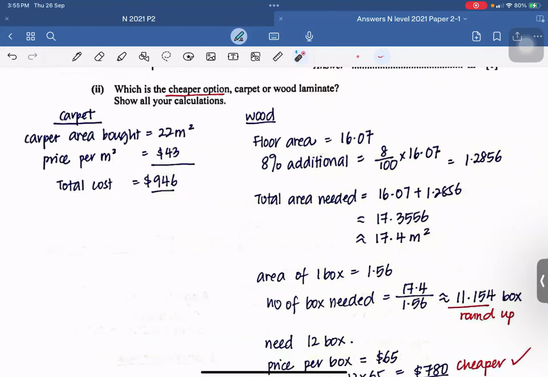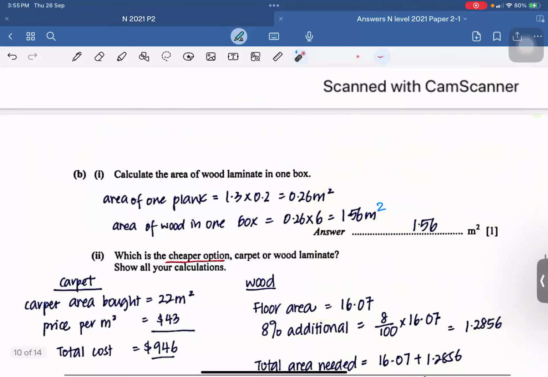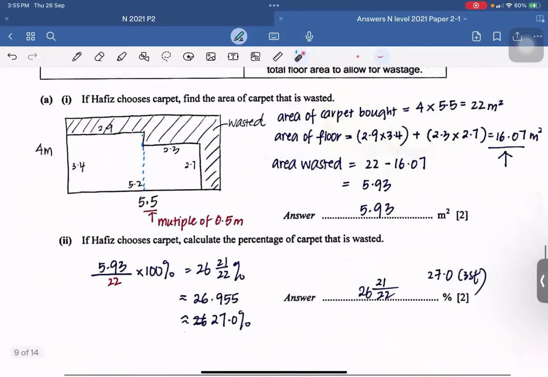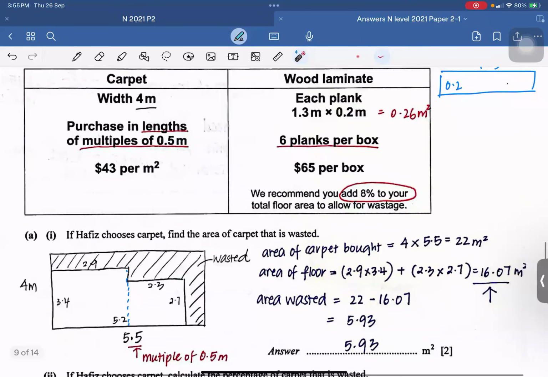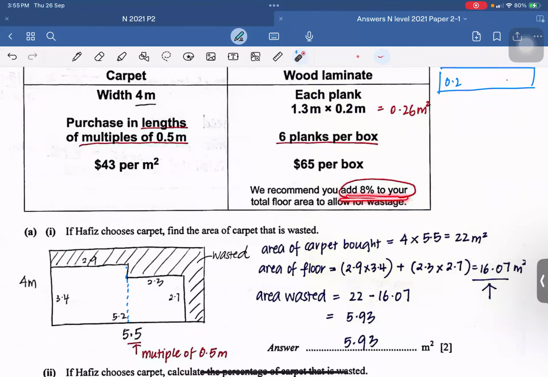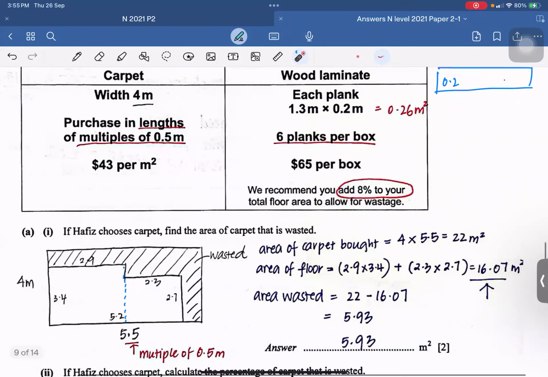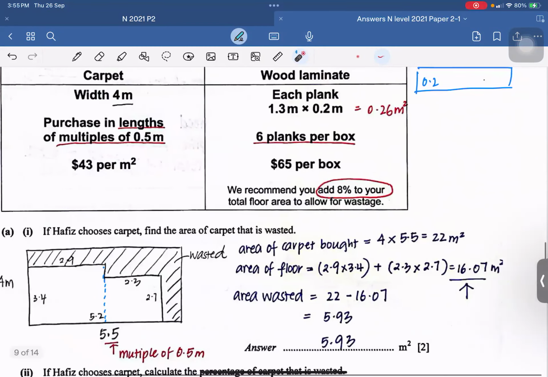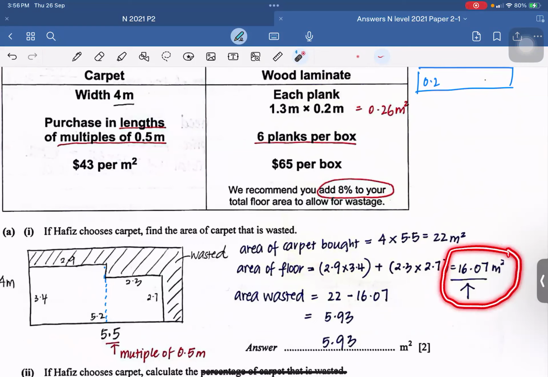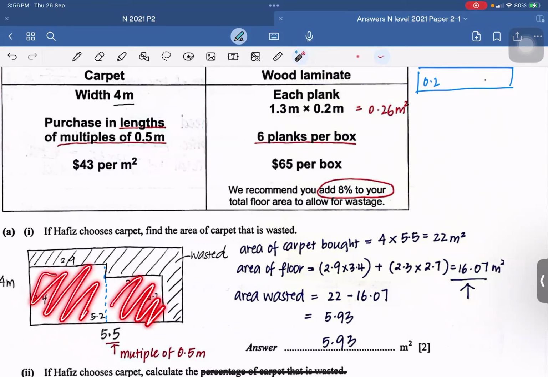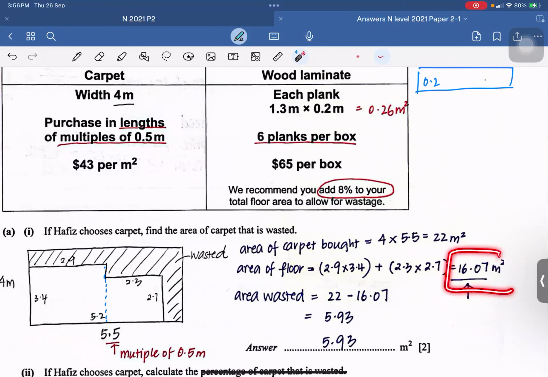But now, how are we going to find the cost of the floor? Let's take a look at our instructions. They say we recommend you to add 8% to your total floor area. Have we calculated our total floor area? Our total floor area we calculated just now, from this rectangle and this rectangle, was this number.